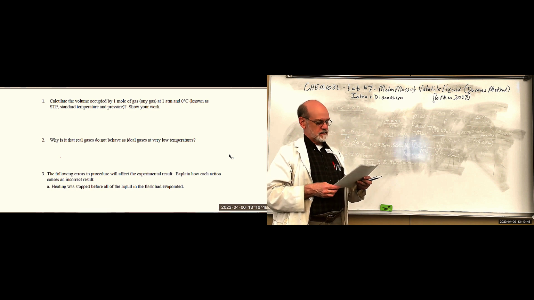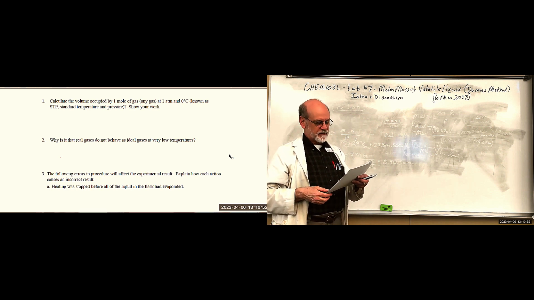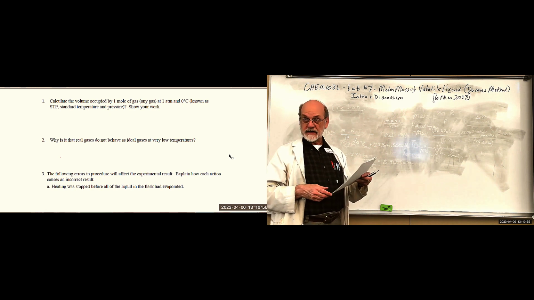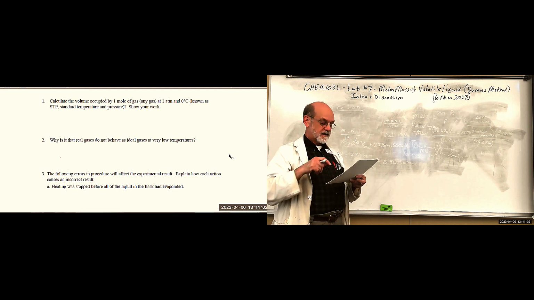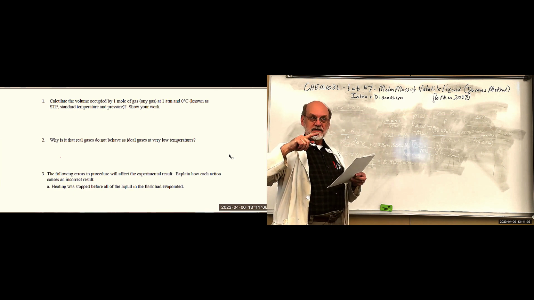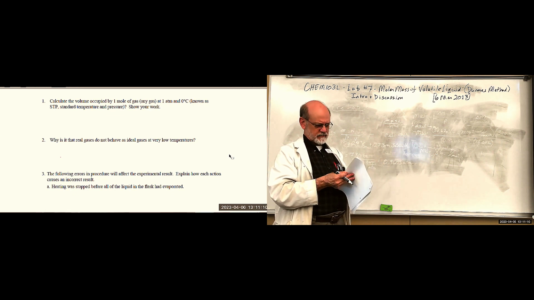That's a little low, but it's part of the problem. Atmospheric pressure, 727 torr. You need to convert it to atmospheres, right? Okay, and use that data to calculate, and then determine, using that value, which gas do you have?